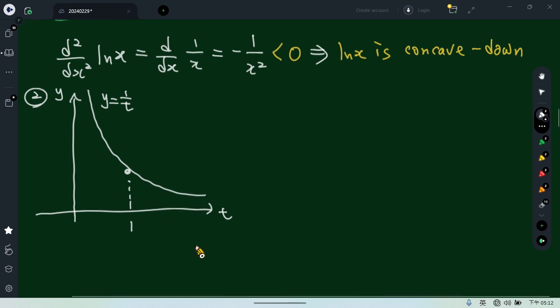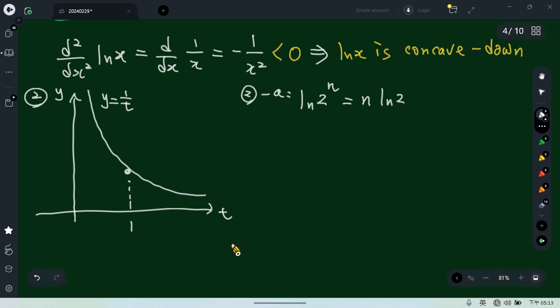But right now, we can continue to analyze it for portion A. When we calculate ln of 2 to the power of n, it will be n times ln 2. Then this will be larger than n times 1/2.